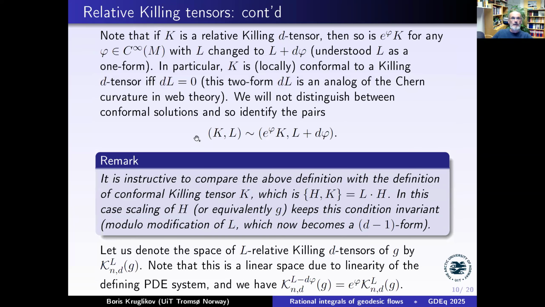Now, if k is a relative Killing tensor, think about the geometric definition that the Hamiltonian vector field is tangent to k equal to 0. Then actually, if you multiply the function k by a non-zero function which depends only on base variables, on x's, so phi is a function on the base lifted to the cotangent bundle, then this is also a Killing tensor. The cofactor then changes by an exact form.